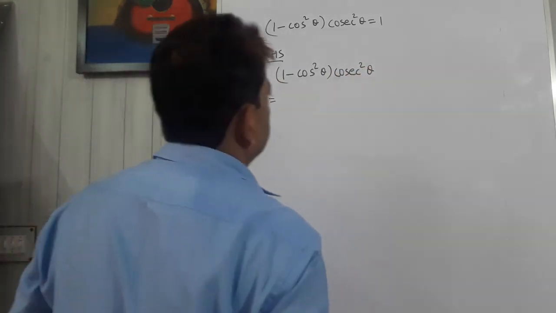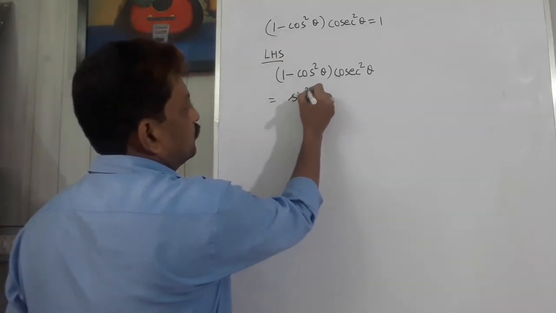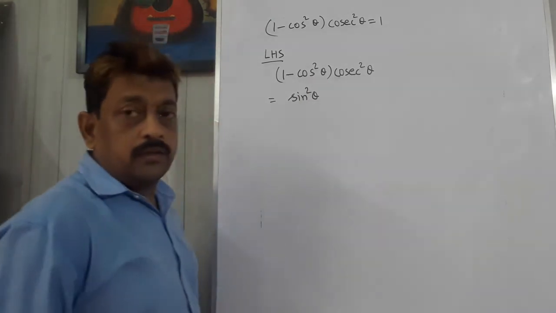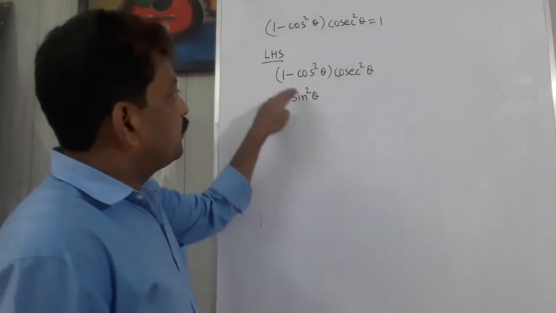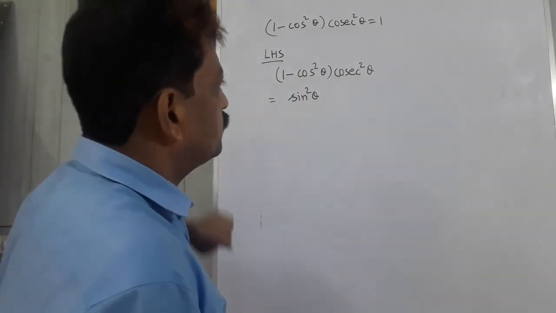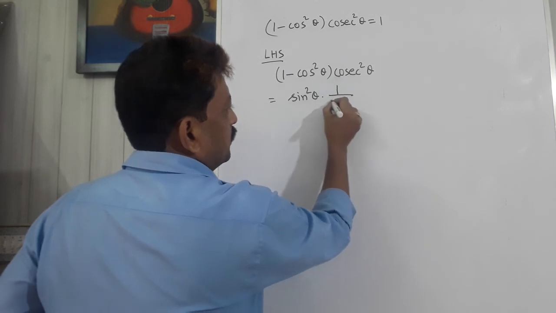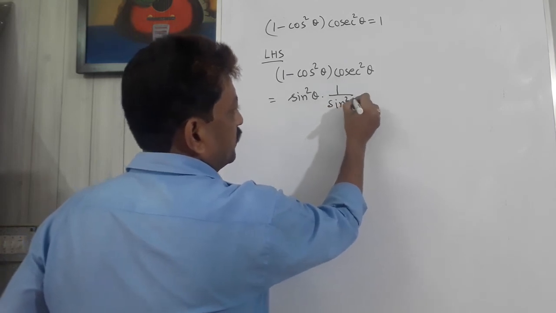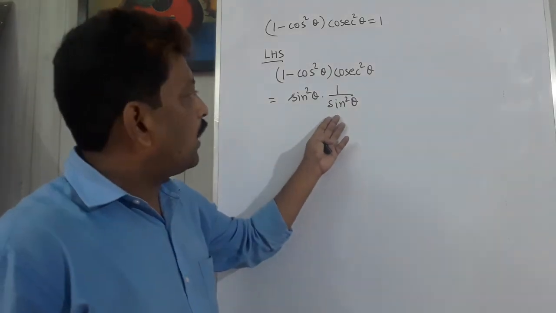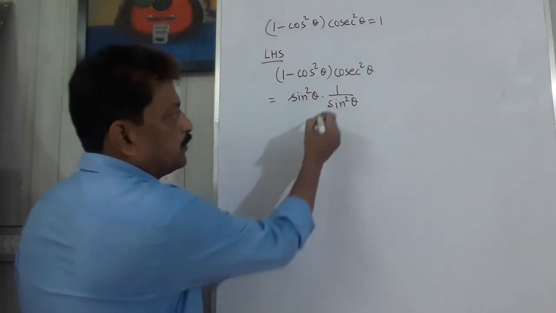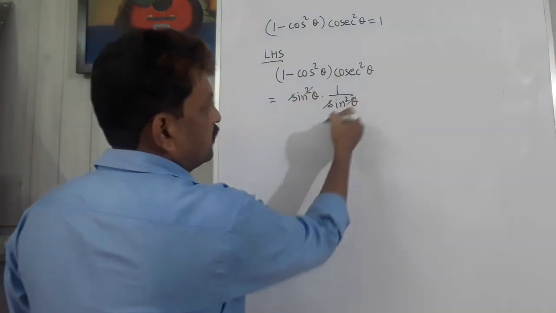So what is 1 minus cos square theta? It is sin square theta. We have learned the identity sin square theta plus cos square theta equals 1. Therefore 1 minus cos square theta equals sin square theta. And what is cosec square theta? We also know that cosec is the reciprocal of sin theta. So cosec square theta can be written as 1 upon sin square theta. So both these sin square theta can be cancelled.